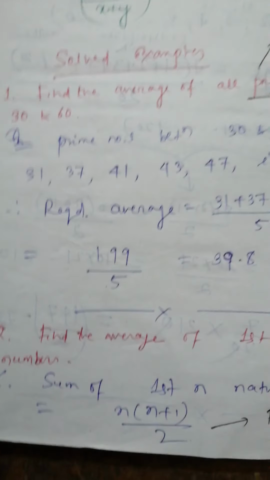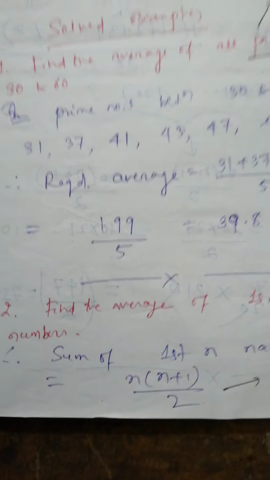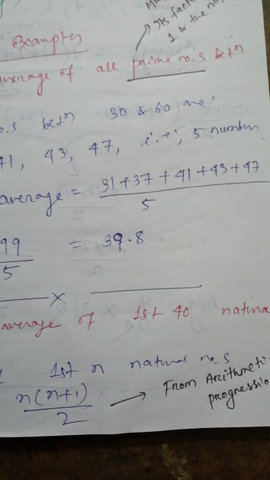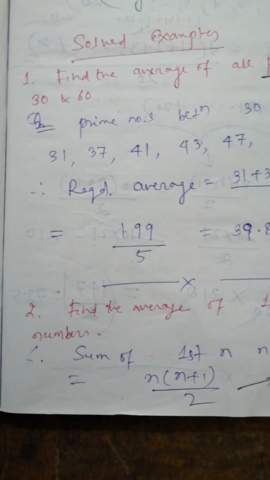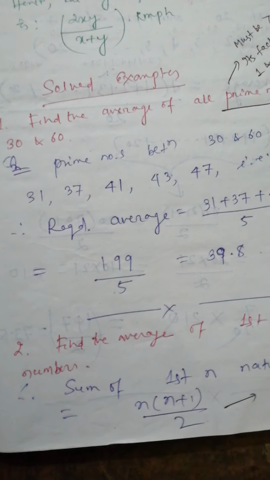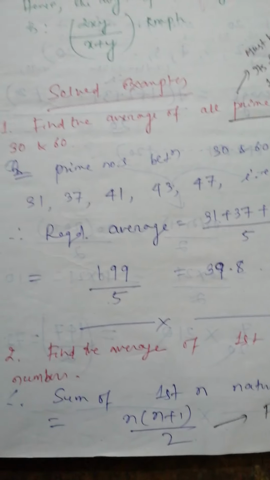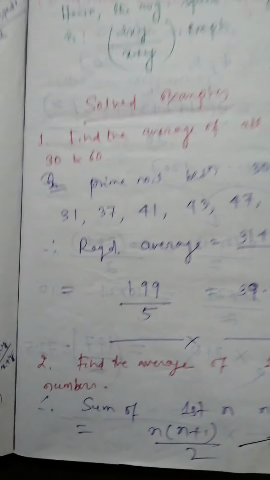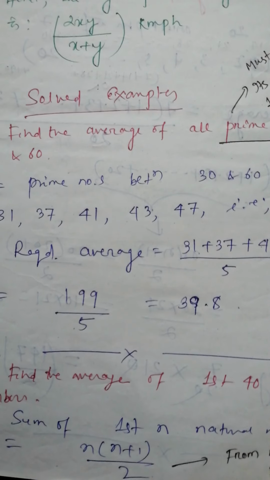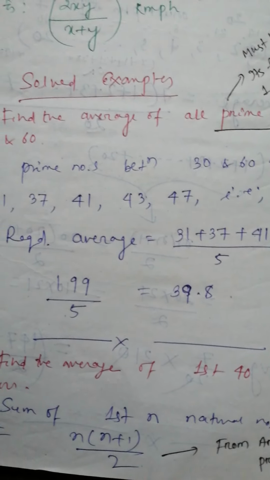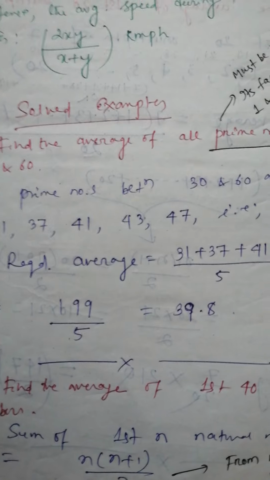Next I will go to the second question. Find the average of first 40 natural numbers. So in question number 1, between 30 and 60, it is easy to find the prime numbers.